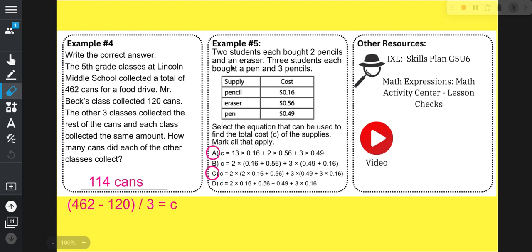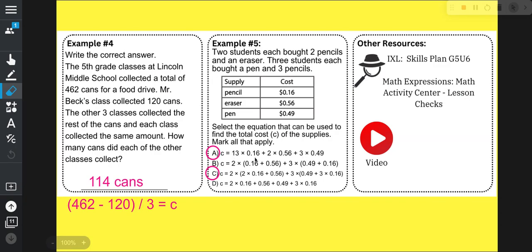We're going to look at all the different ways we could solve the problem that they have. 2 students each bought 2 pencils and an eraser. 3 students each bought a pen and 3 pencils. So A works because there are 13 pencils that were bought, 2 erasers bought, and 3 pens bought.